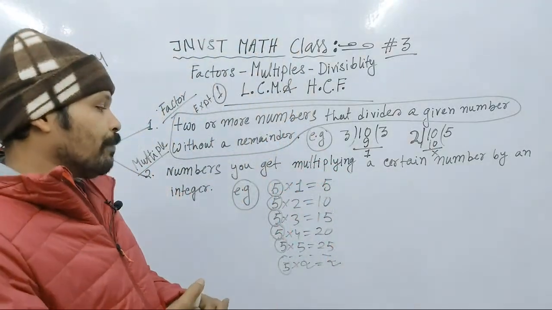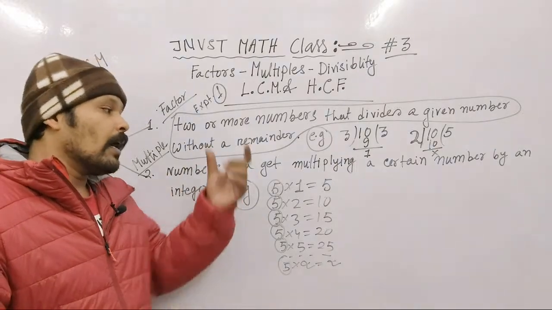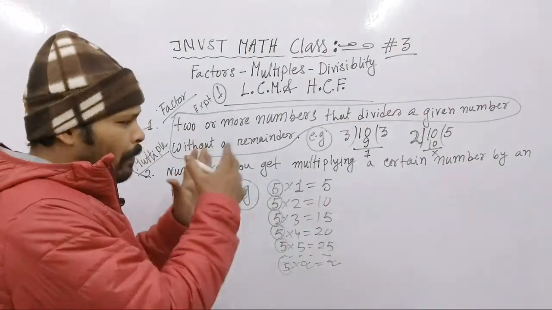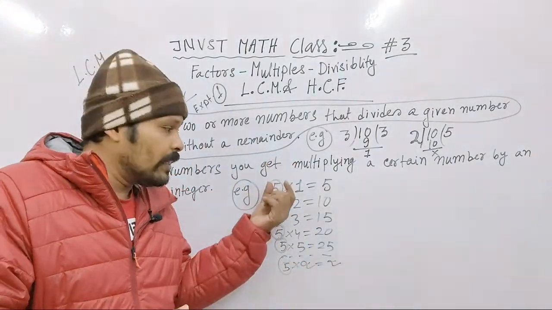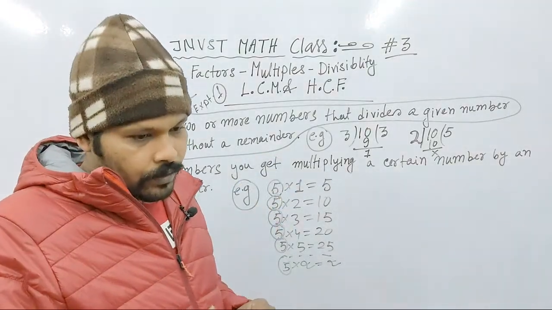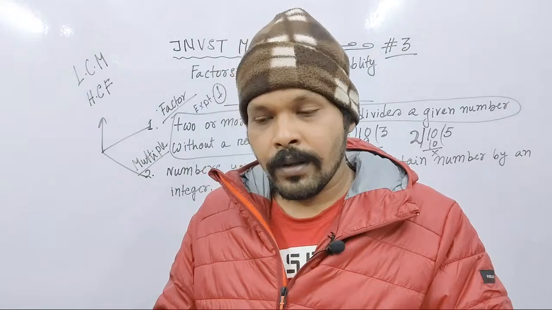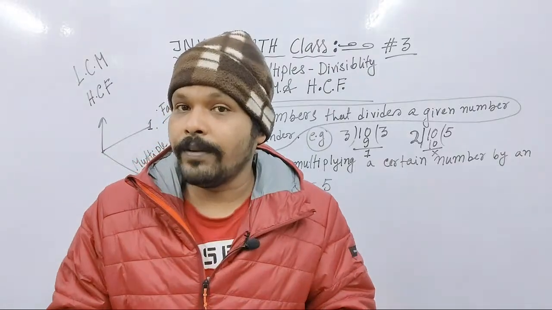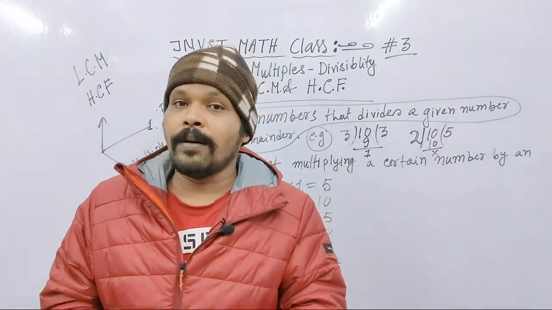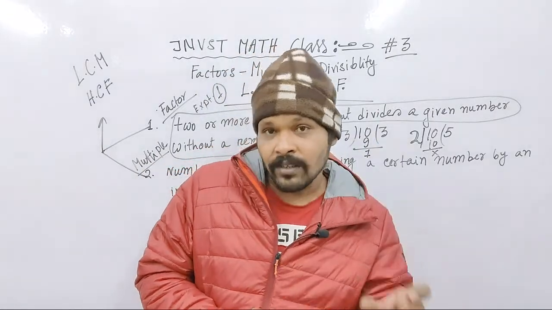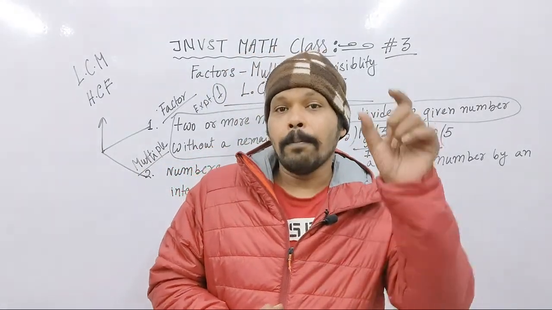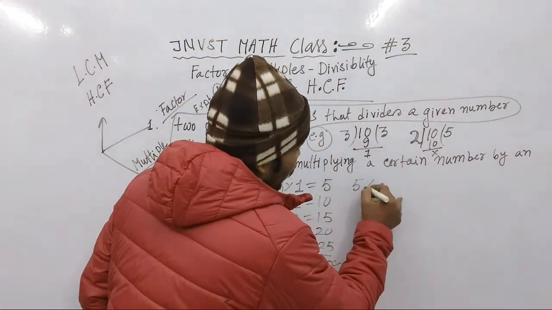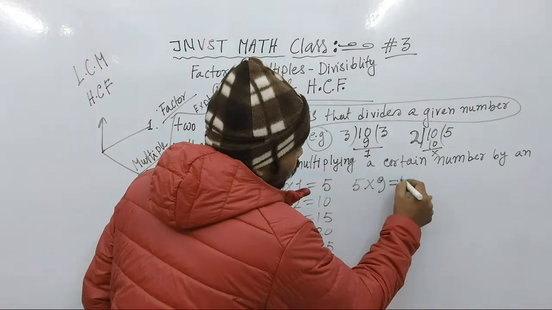So what is the multiple then? Multiples are the numbers which come after multiplying a number with another number. That means a natural number and another natural number. If you multiply two natural numbers, the answer is the multiple of those two numbers. So now 5 into 9 equal to 45.